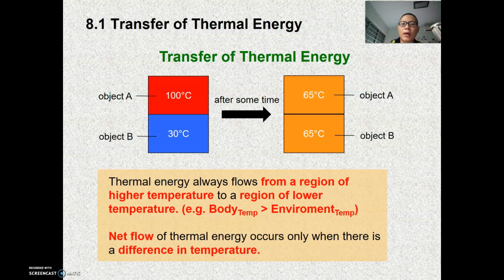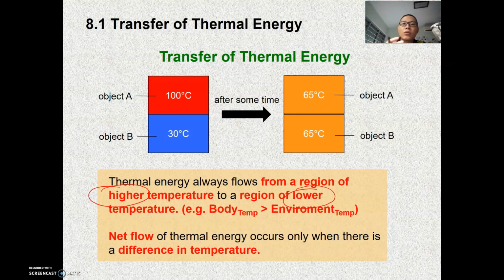So when we talk about thermal energy flow, the main reason behind the flow of thermal energy is primarily only one direction. It's from a region of high temperature to a region of low temperature. So the direction of transfer is always from hot to cold.